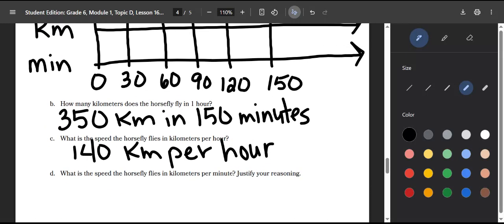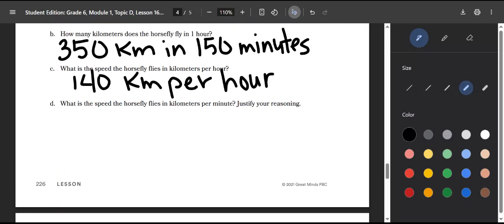Now D says, what is the speed the horsefly flies in kilometers per minute? So that's 1/60th of an hour. So I'm going to have to divide, since I divided the 1 by 60, 60 minutes, 60 over 60, 1 hour. I got to divide the 140 by 60.